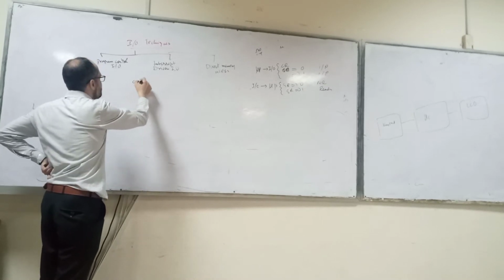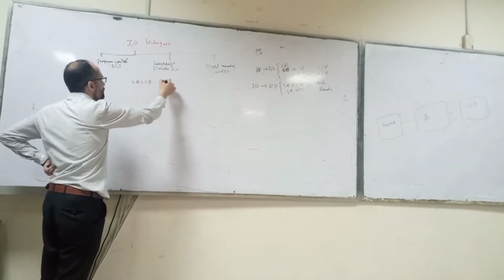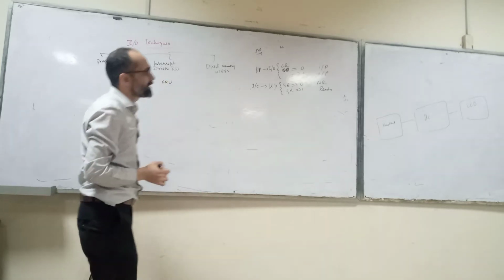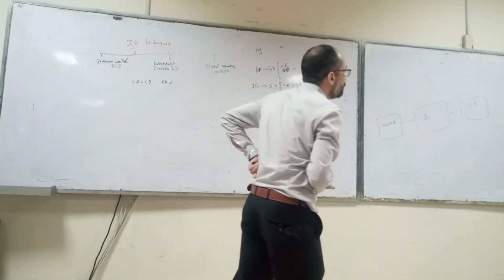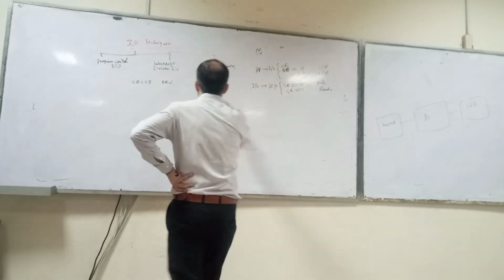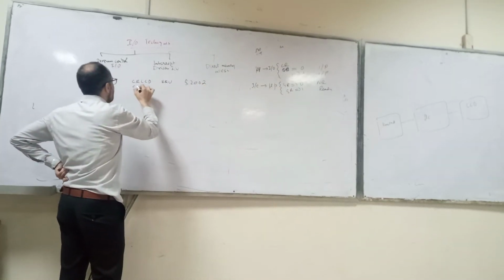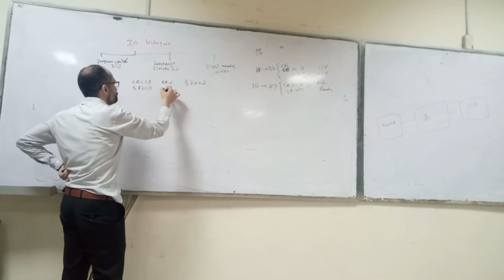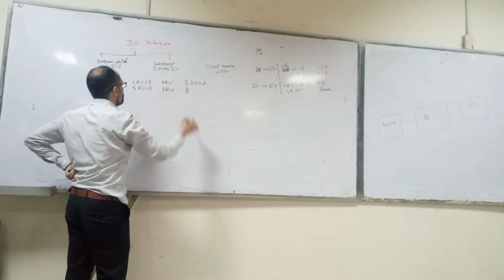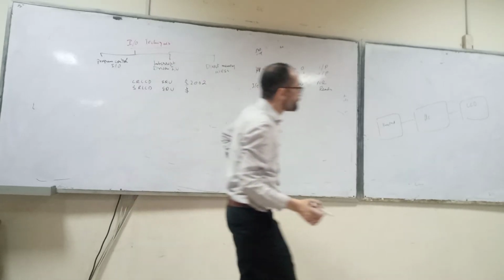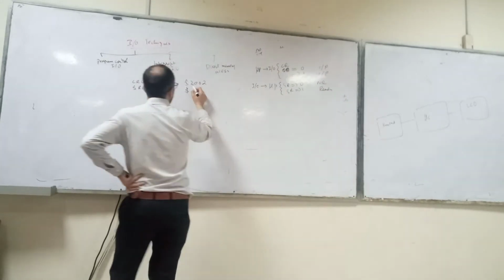So we say CR LCD equal to, what is the address? $2002. SR LCD, CR LCD, okay, 3002.